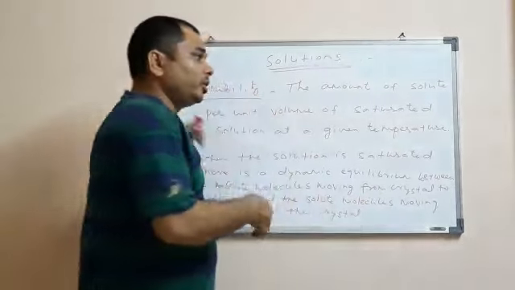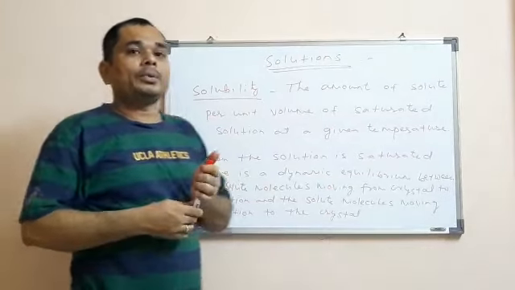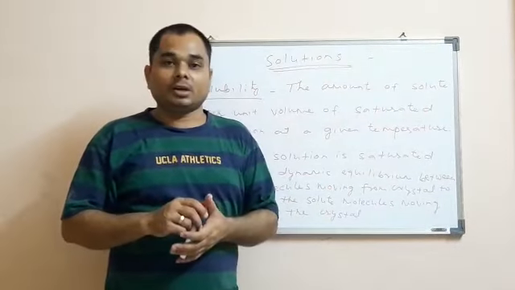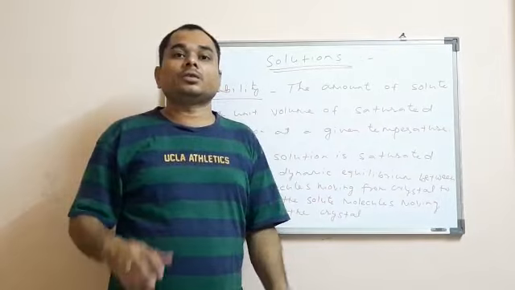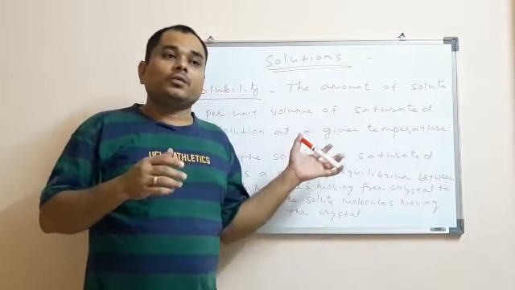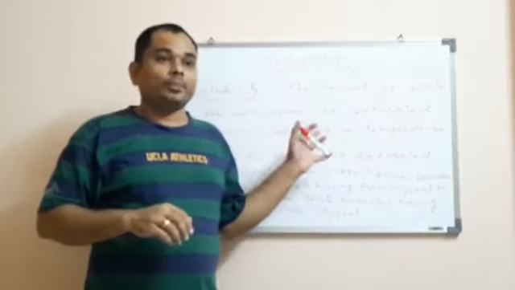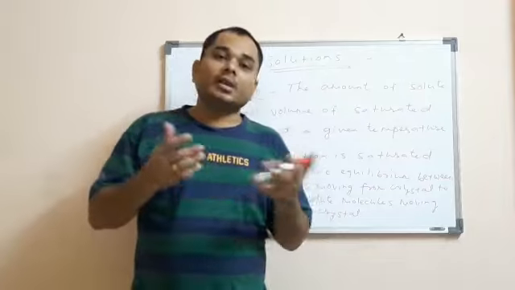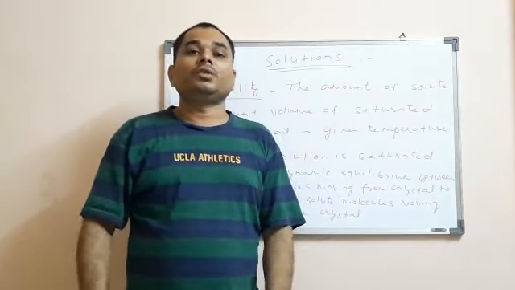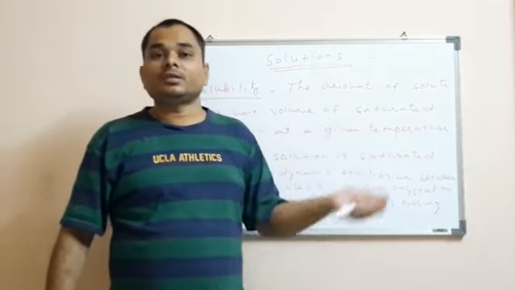Now what if we add some more solute to this saturated solution? What happens here is we get a supersaturated solution. A supersaturated solution is a solution in which the concentration of the solute is greater than the equilibrium concentration, and a supersaturated solution is unstable.